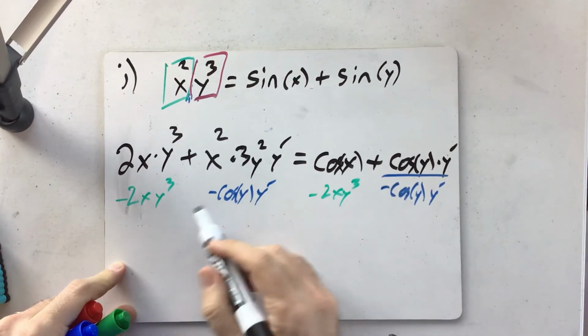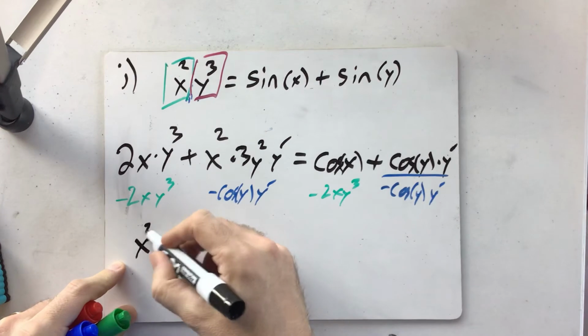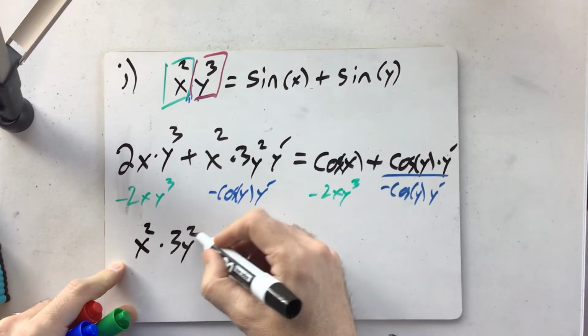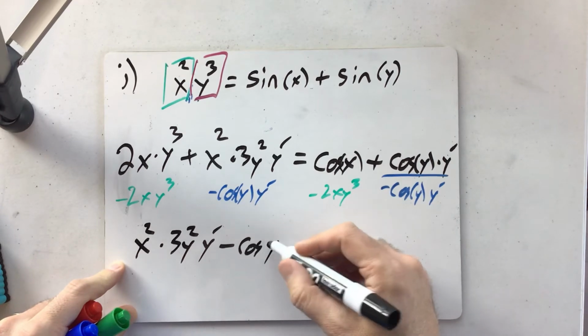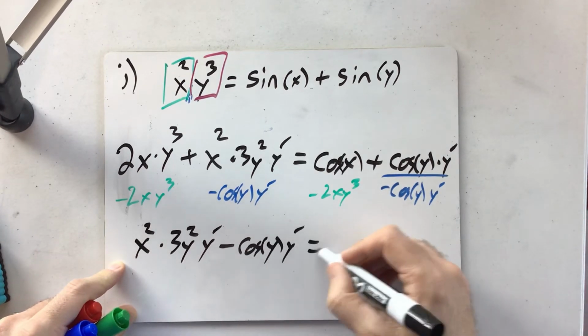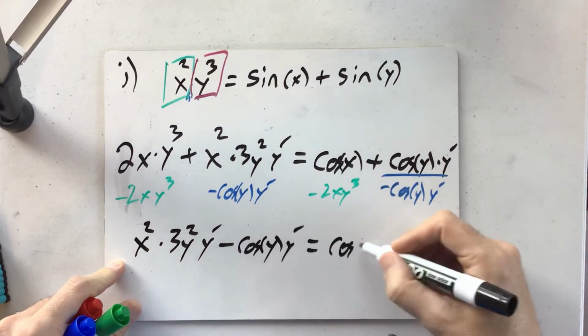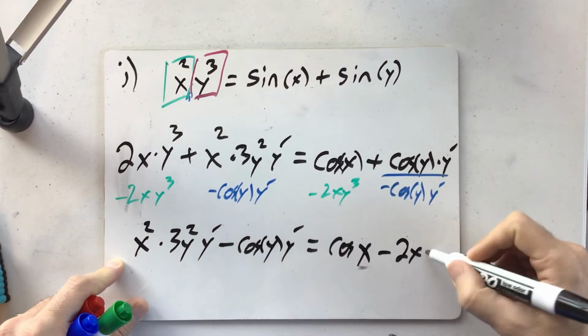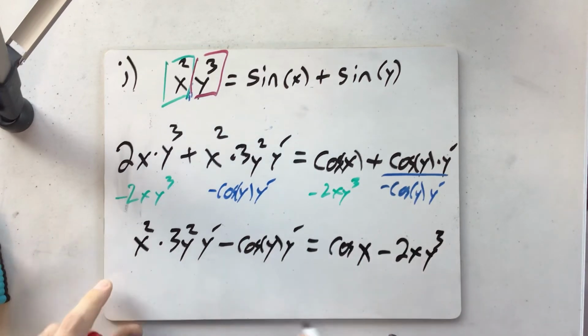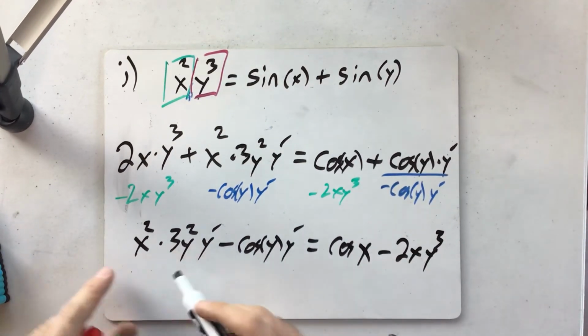Okay, so now on the left, what have I got left? I have x squared times 3y squared y prime minus cosine y prime. On the right-hand side, I have cosine x minus 2x y cubed. Now, on the left-hand side, I factor out my y primes.